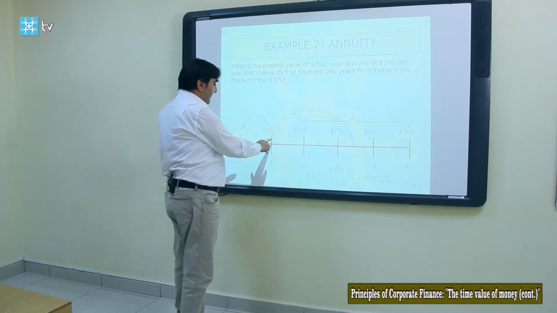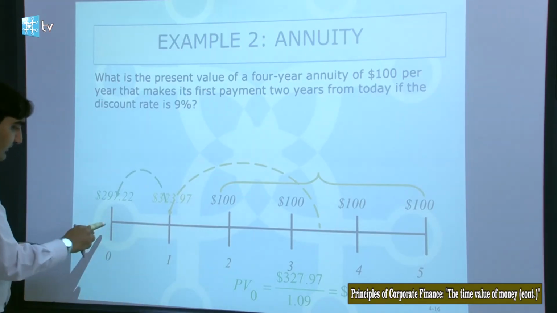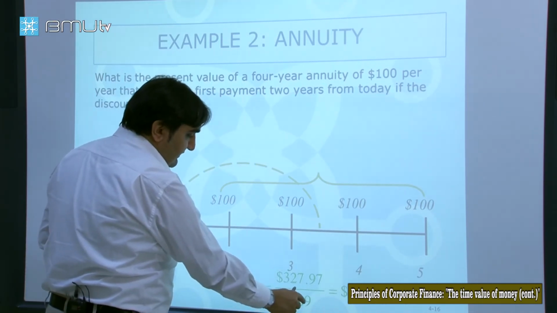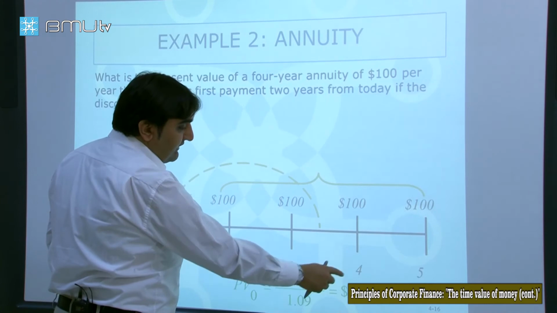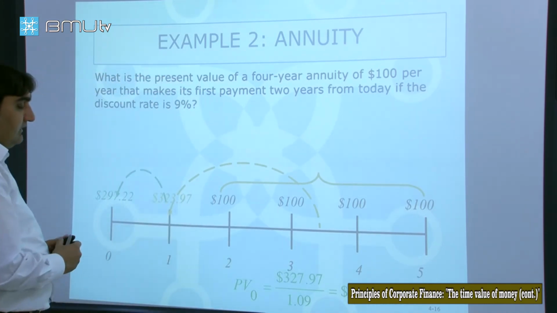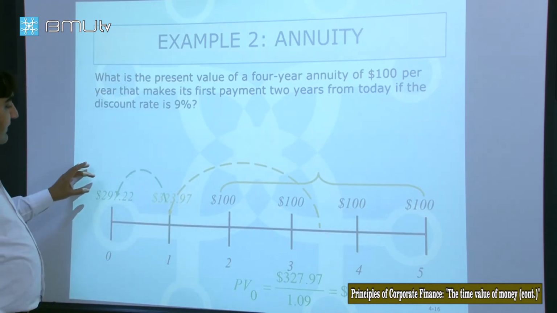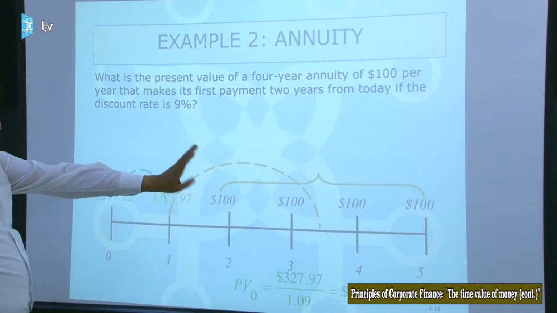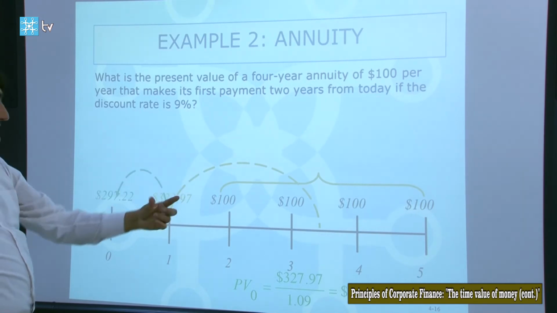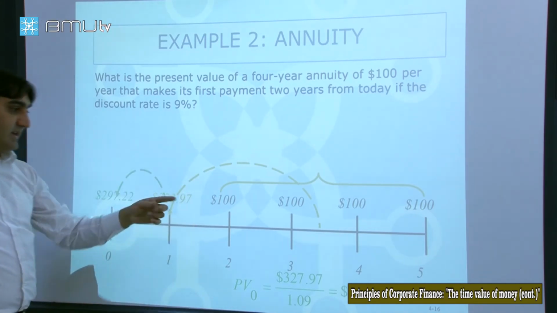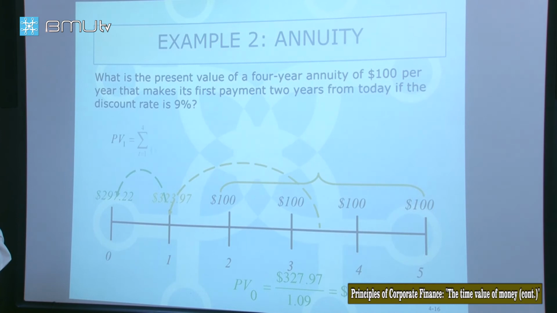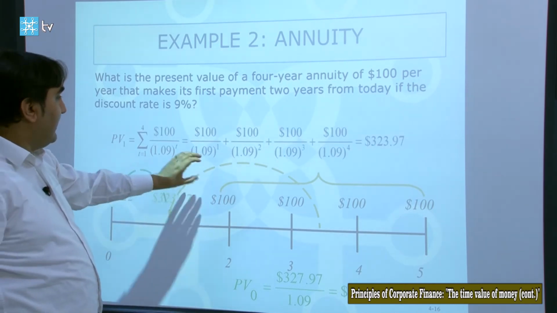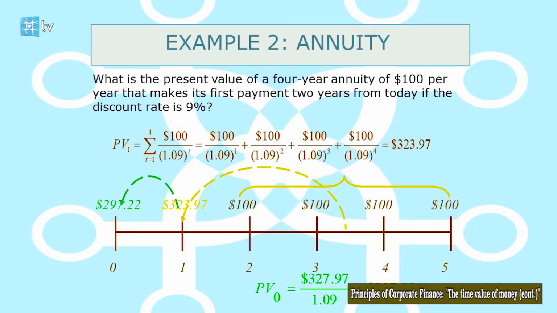So it is at time 1. We again discount back to time 0, divide by 1.09. We get 297.22. So the present value of $100 starting in the second year is 297.22. I'm saying it again.